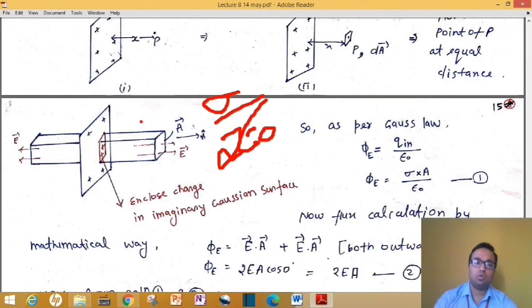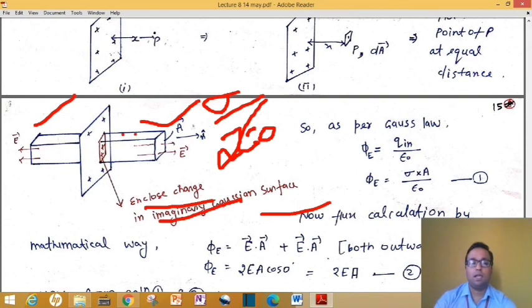Here also you need to make a Gaussian surface, which you will get in a cuboid shape. Here you may get the doubt why this is called a Gaussian surface, because these points are not at equal distance. I will tell you all this in detail.